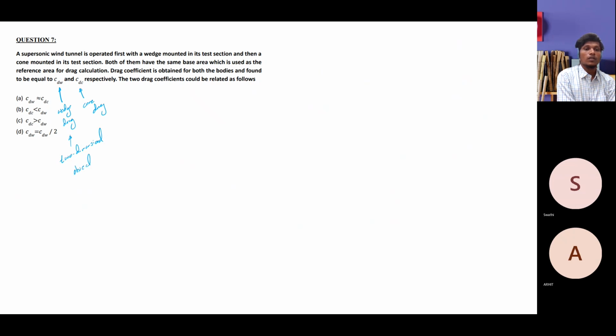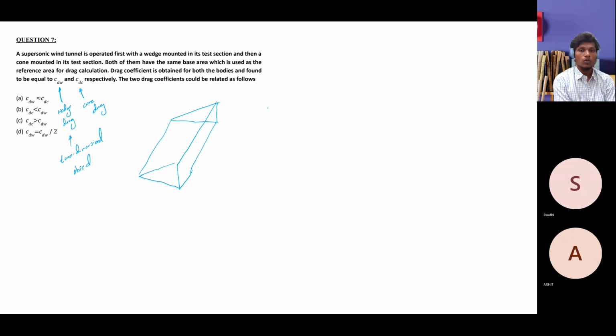The wedge is nothing but this kind of wedge, and they kept it in such a way that it occupied the entire test section span. So the entire test section span is occupied by the wedge length. So it is a kind of two-dimensional phenomenon.